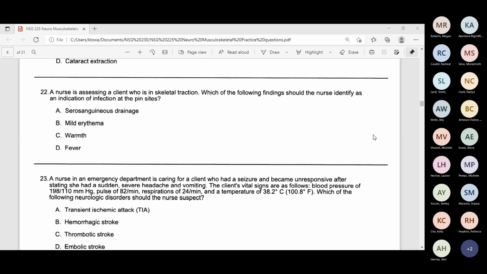And if we think about warm skin, what's the alternative? Hot or cold? Warm's okay. So a patient that has a fever would be the one that is most indicative of an infection. When I first read it, I thought I'm looking at the pin site for infection, but I think it's talking about why they had the infection. So that would be fever.